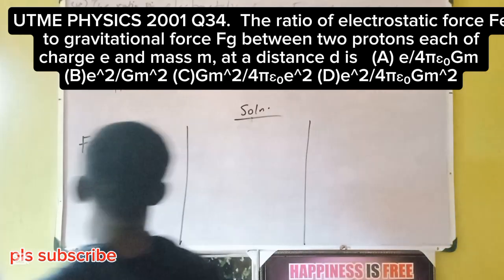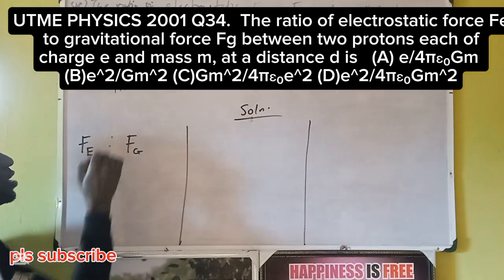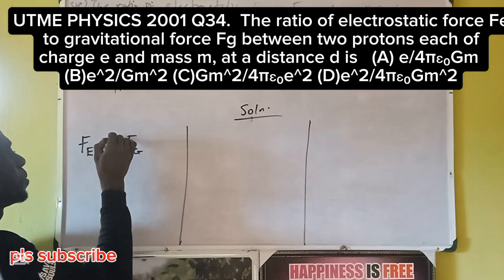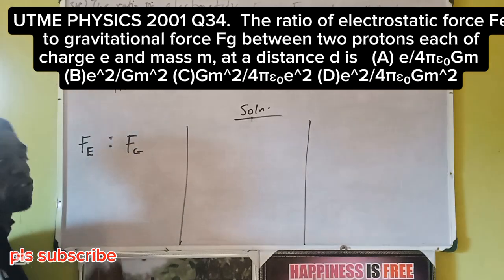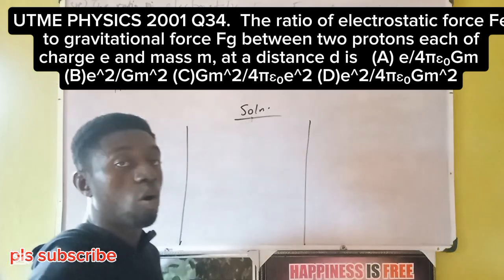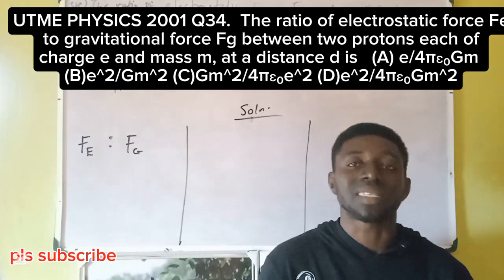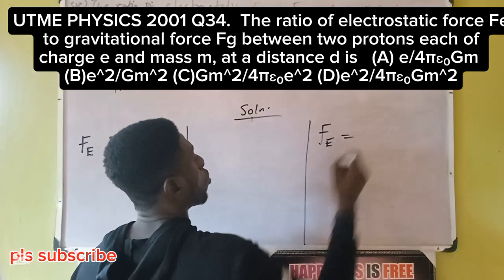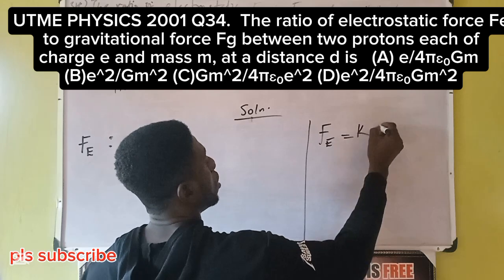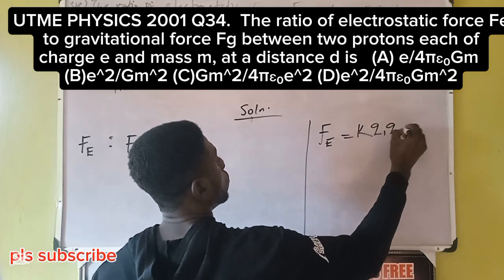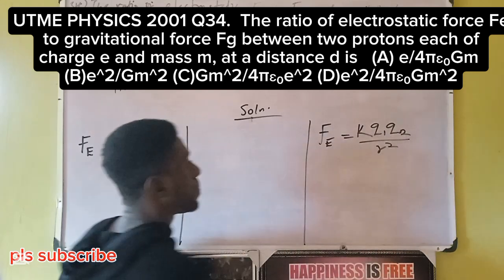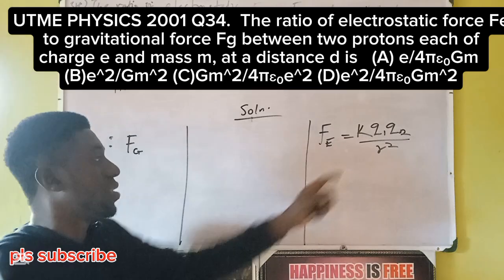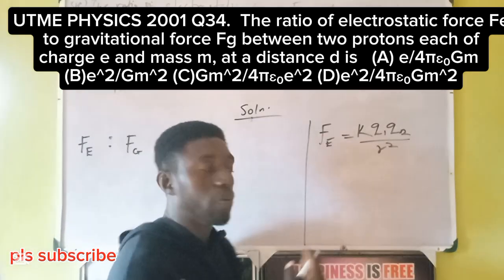Very, very important. Then Fe is to Fg. That's what the question demands. Recall, electrostatic force stated by Coulomb entails Fe is equal to k q1 q2 all over r squared. This formula is called electrostatic force. Let me get it in other forms.